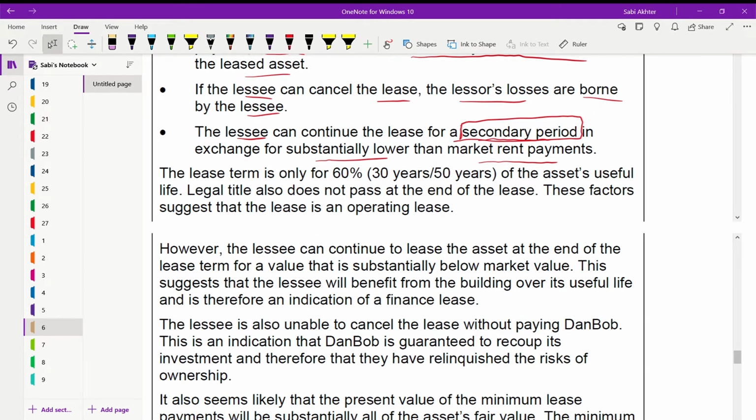So the lessee can continue for the secondary period also, in exchange for a substantially lower payment, where the amount is so low compared to the market rent, then it's a finance lease. Because it is there in the case study.